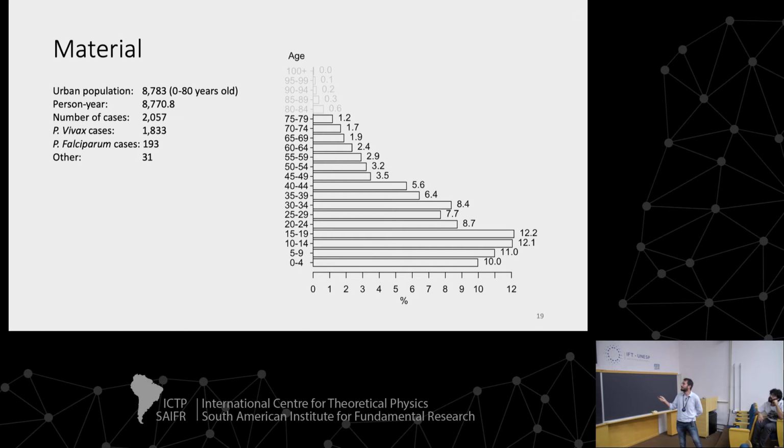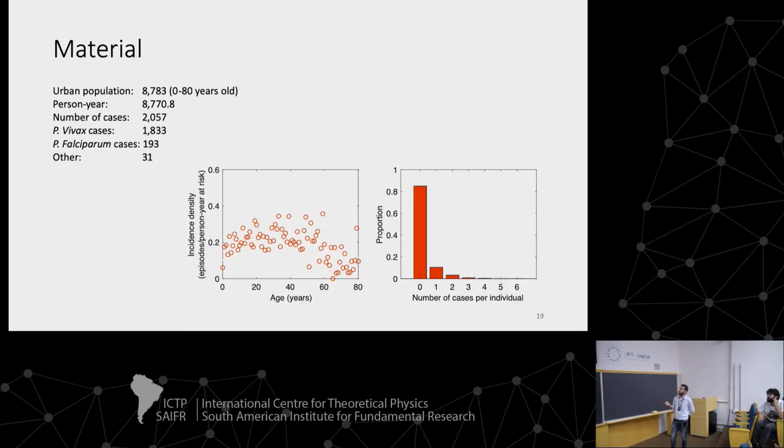Also because we didn't have many people above 80 years old, and it was introducing a lot of noise to our model, we excluded them. And then we got two main data sets which we are going to try to fit with our model. What is it?